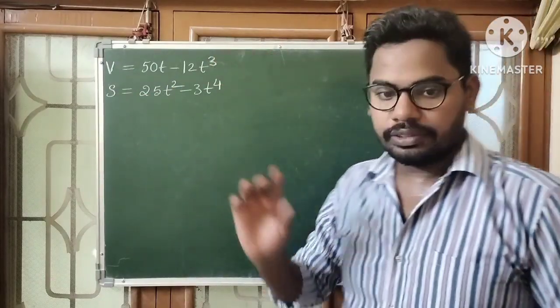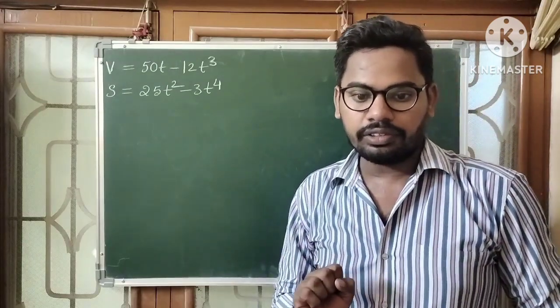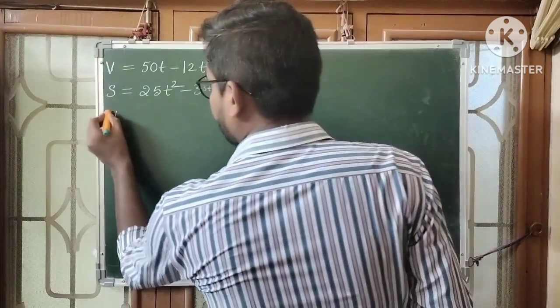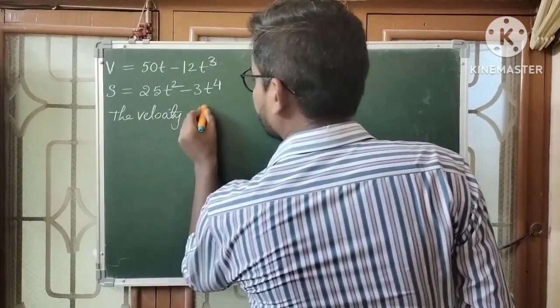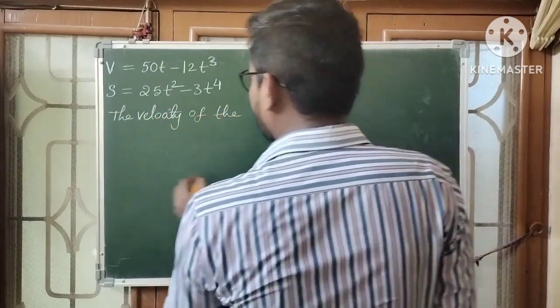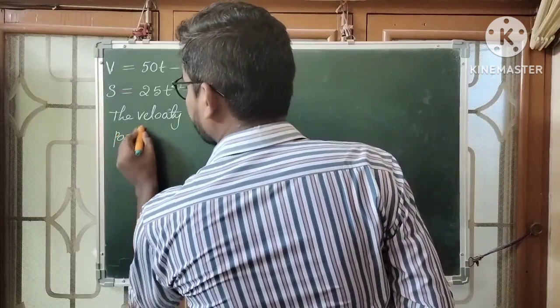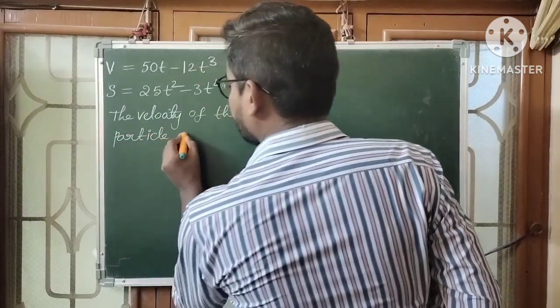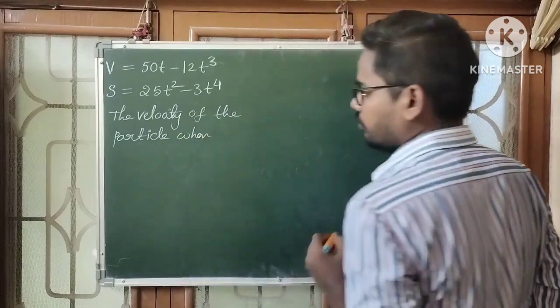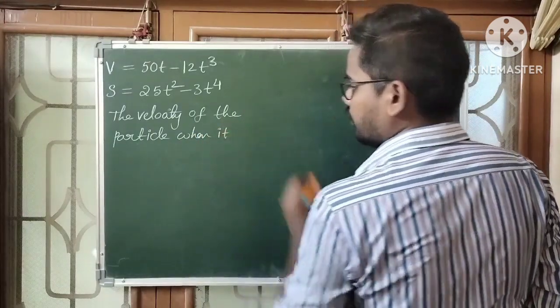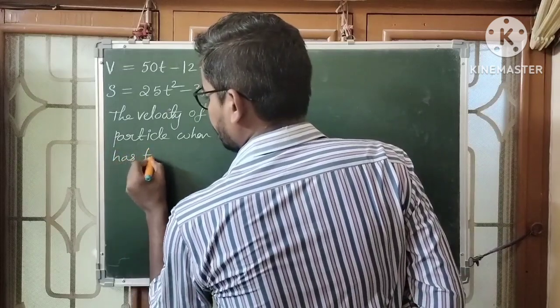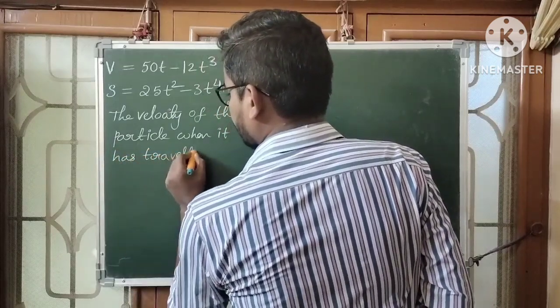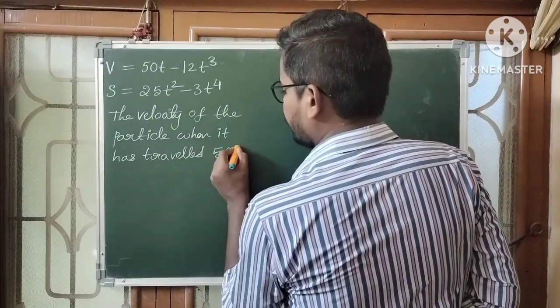Here we have to find the velocity of the particle when it has traveled 52 meters.